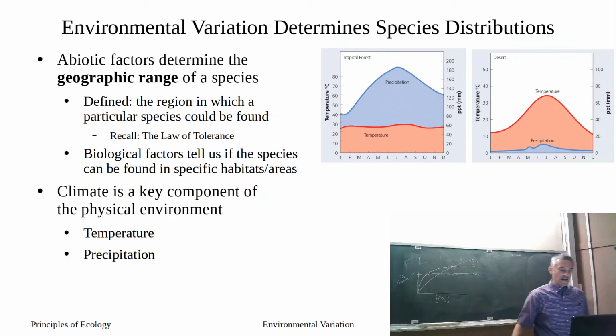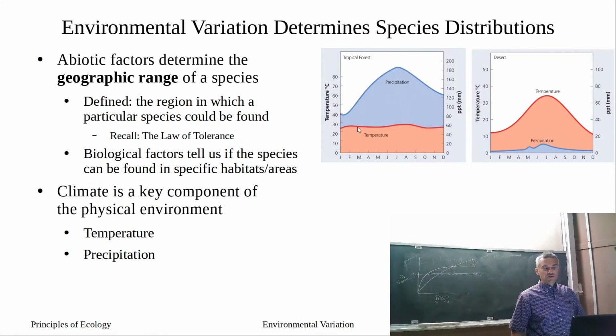Just as a comparison, we've got a tropical forest and a desert. In the tropical forest, look at the temperature. The temperature range is pretty stable. It doesn't fluctuate much. Our organism doesn't have to deal with a wide range in temperatures, unlike the desert, where we've got high temperatures for part of the year, low temperatures in part of the year. We've got a much wider range of temperatures.